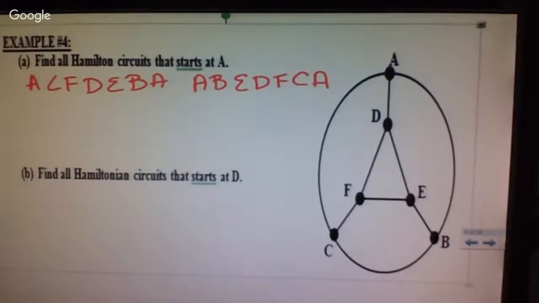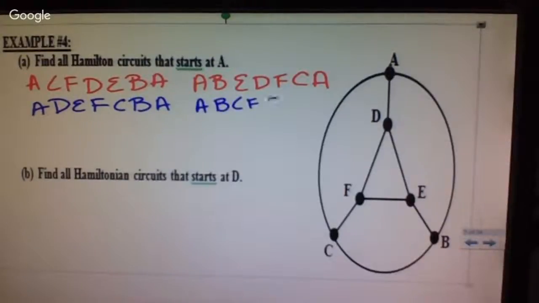Who got one? What you got? A, D, E, F, C, B, A. So then we've got A, B, C, F, E, D, and A. Find all Hamilton circuits, which means you need distinct.